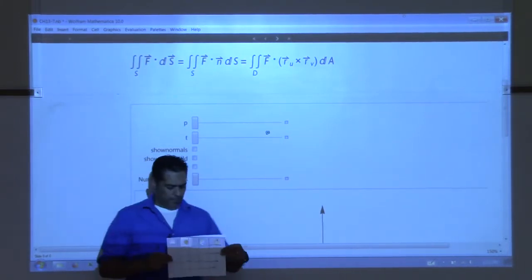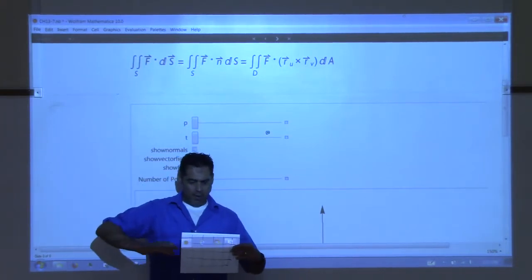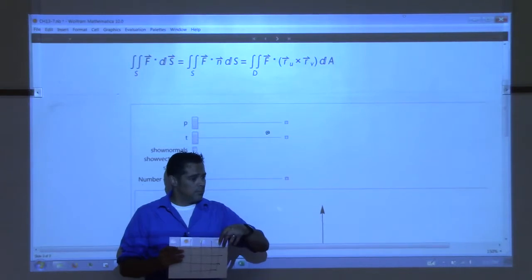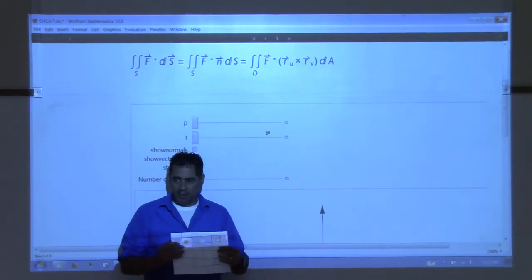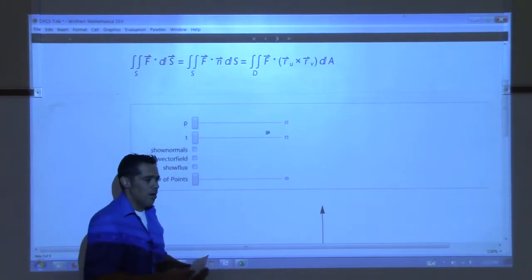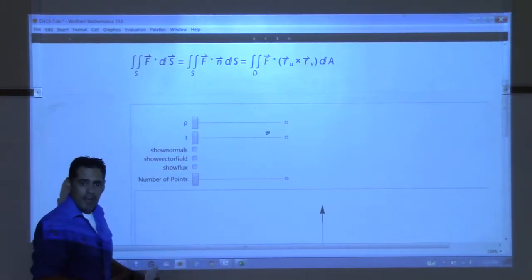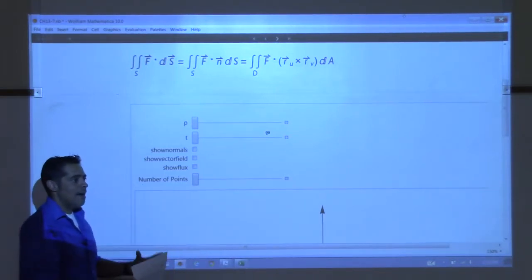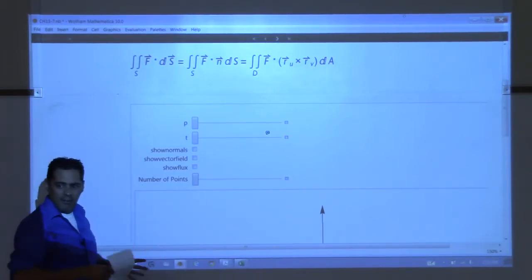If we go completely perpendicular to the flow, then we might get a flux of 0. It depends on the flow itself. So the vector field is going to be our flow, S is going to be our net, and we need to somehow add up this net flow through here.